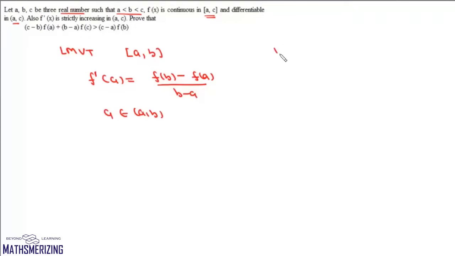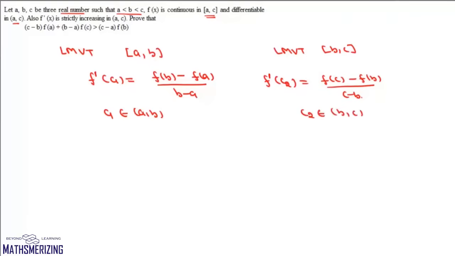And if we use Lagrange's mean value theorem in the interval b to c, we can write f dash c2 equals (fc minus fb) upon (c minus b), where c2 is in the interval b and c.